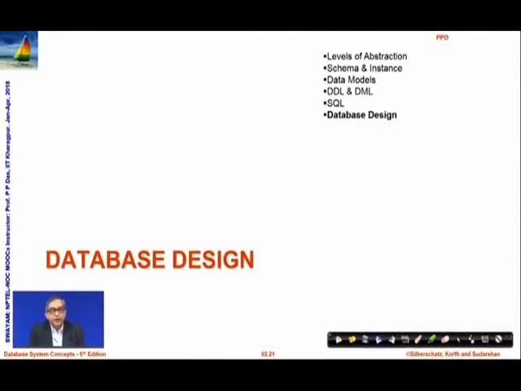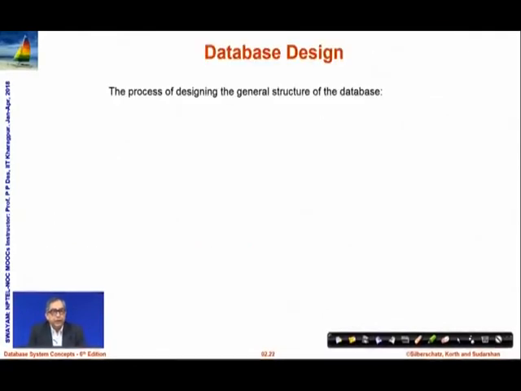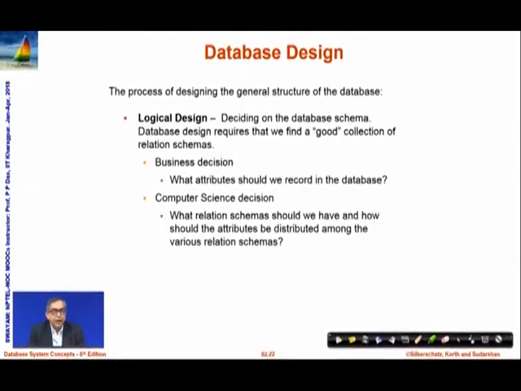Coming to the database design aspect, this is a process through which the databases need to be designed, and certainly the first part of the design is the logical design, where you need to identify what the schemas are, what constraints apply, and what authorization is required. The first set of decisions about those are related to the business, which basically comes from the domain.